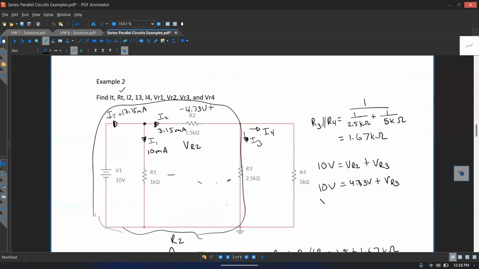We just solve for it algebraically, so VR3 is equal to 10 volts minus 4.73 volts, which equals 10 minus 4.73, 5.27 volts.